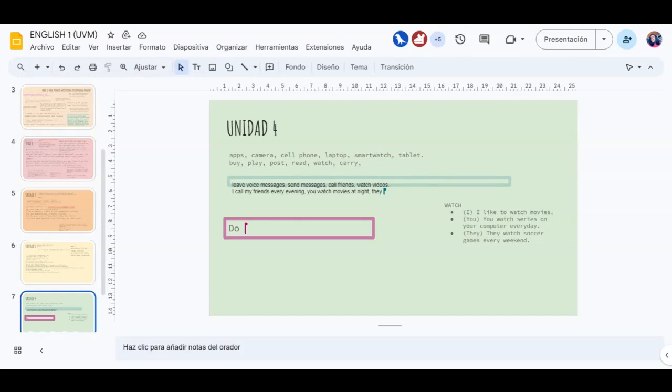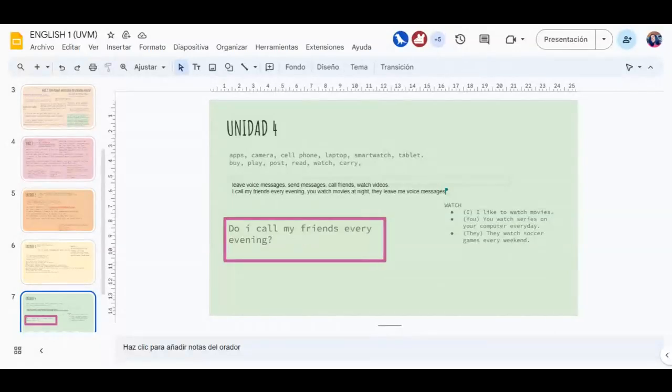Okay, Sophia, you can use the sentences that your classmates created to create the questions. Okay. Do I call my friends every evening? Thank you very much. Just remember, I is with lowercase or with an uppercase. Exactly. Writing is important. Do I call my friends every evening?